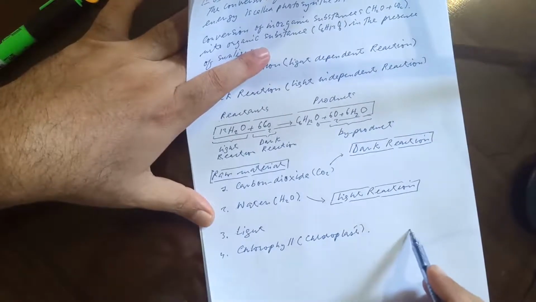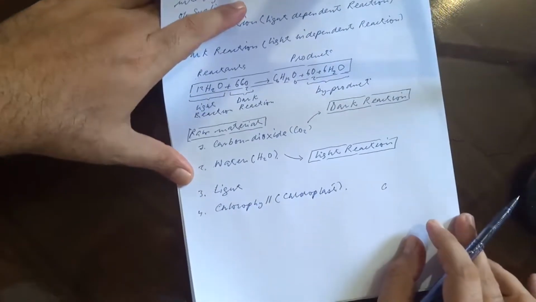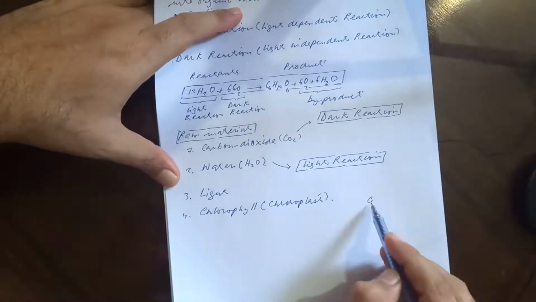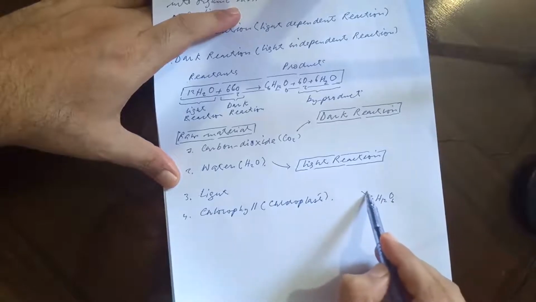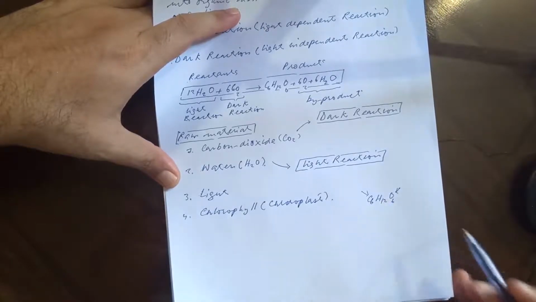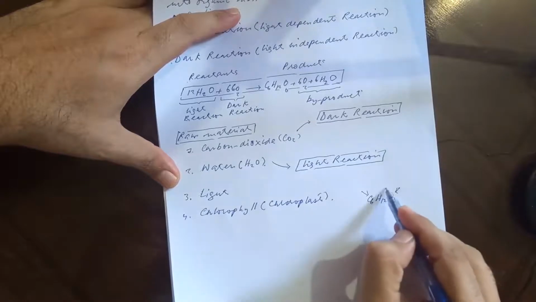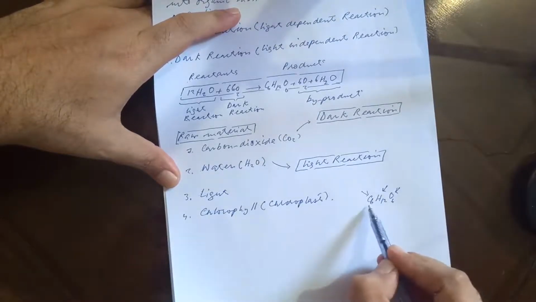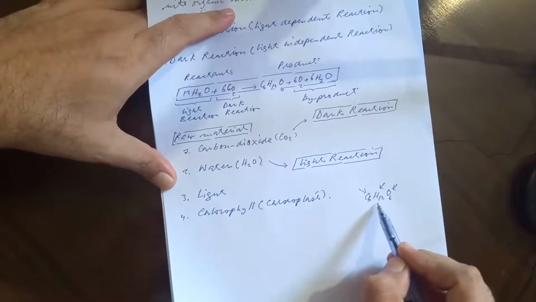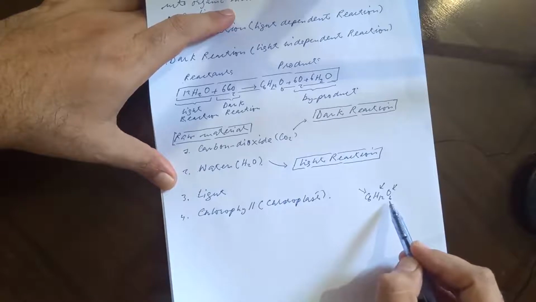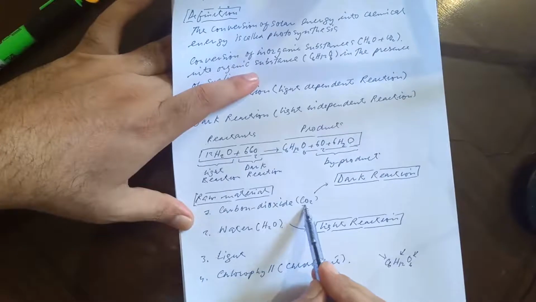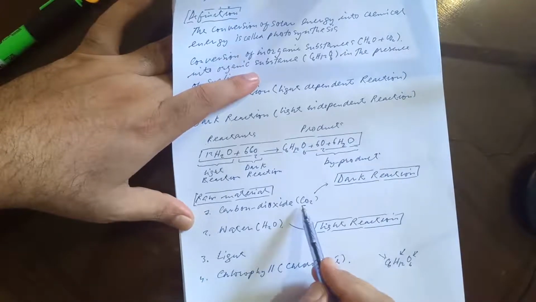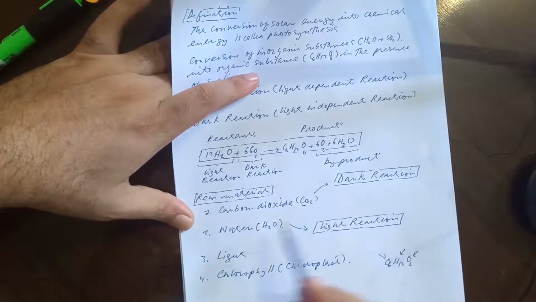Now, look at the structure of C6H12O6. You have carbon, oxygen and hydrogen. You have 6 atoms of carbon, 12 atoms of hydrogen, and 6 atoms of oxygen. If you look at the structure, the carbon atoms and the oxygen are present in carbon dioxide.